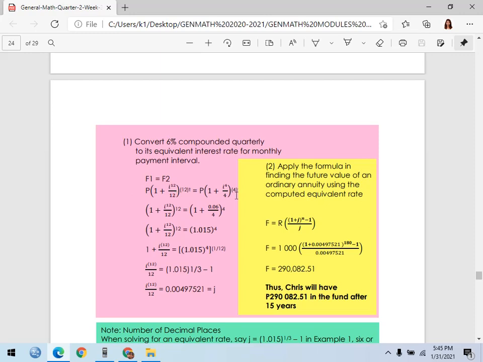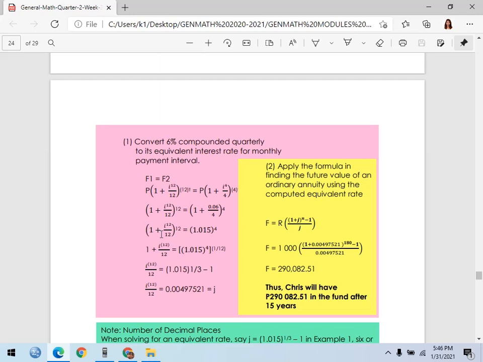And ang hinahanap natin, or yung given, is compounded quarterly. So, we have P times (1 plus I over 12) raised to 12t equals P times (1 plus I over 4) raised to 4t. So, para mas madali kapag ganito, start kayo dito sa third na part.